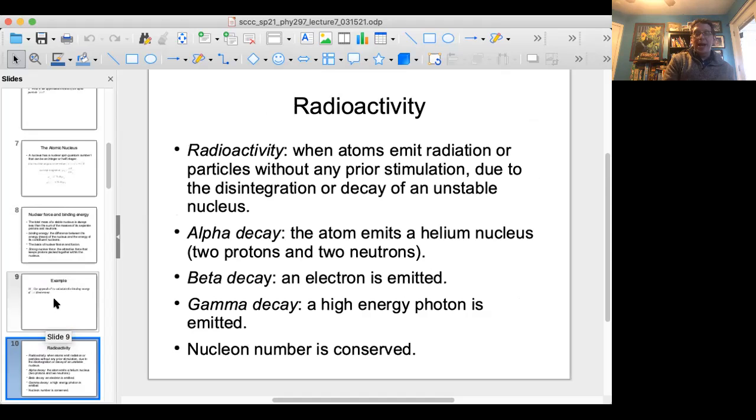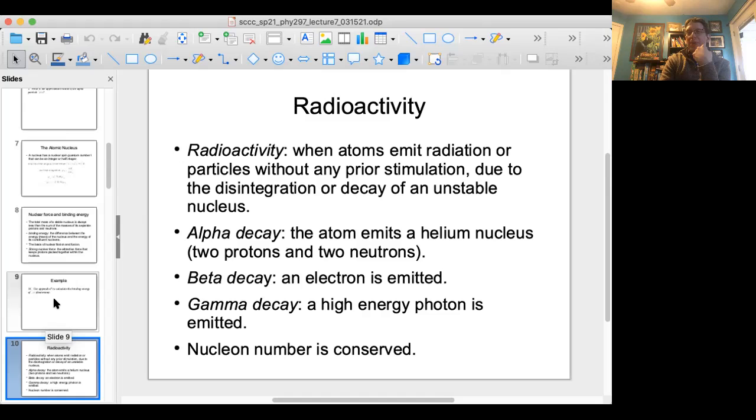And so you have what's called radioactivity, when atoms emit either radiation or particles without any prior stimulation. And that comes from the decay of an unstable nucleus. So something happens inside the nucleus. And there are quantum mechanical explanations, certainly for an alpha decay, and also for a gamma decay as well.